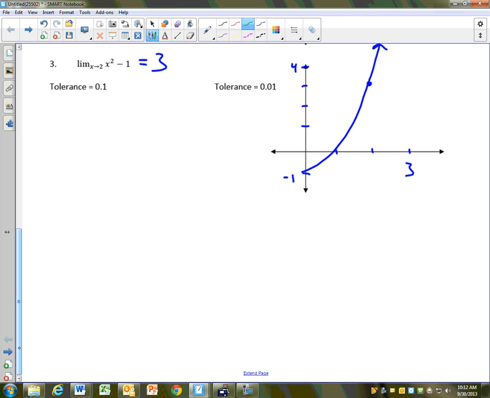So here's the idea. This is my limit. My limit is equal to what? 3.